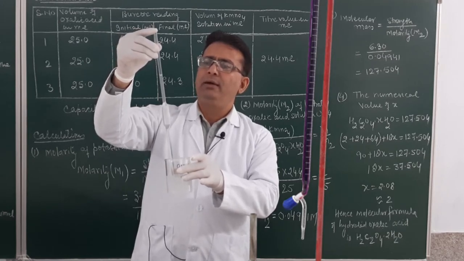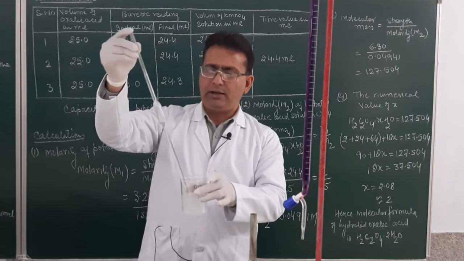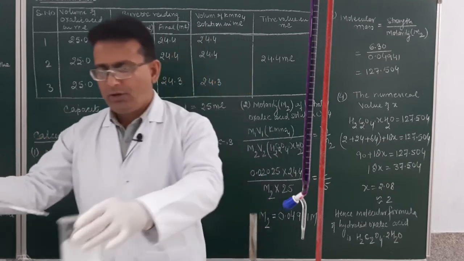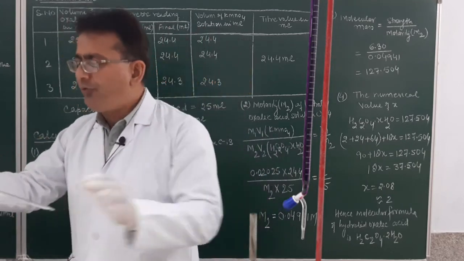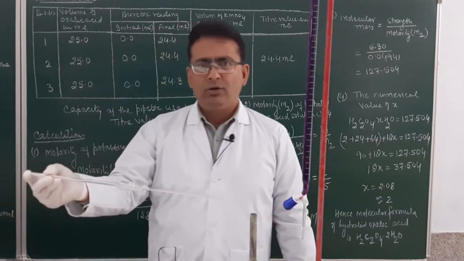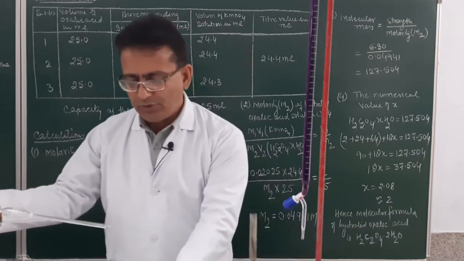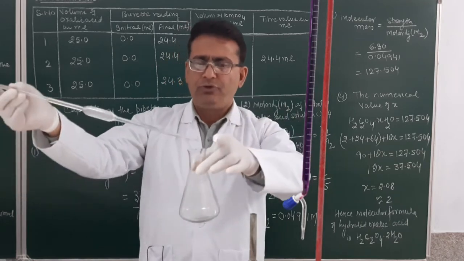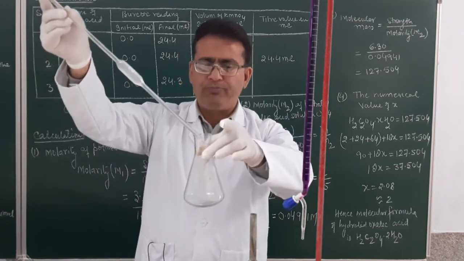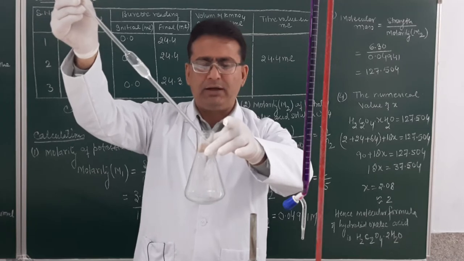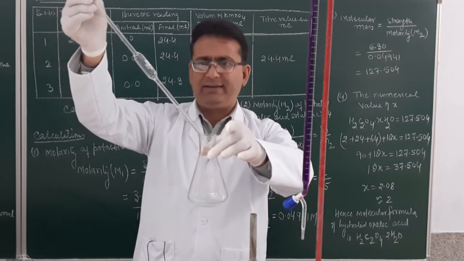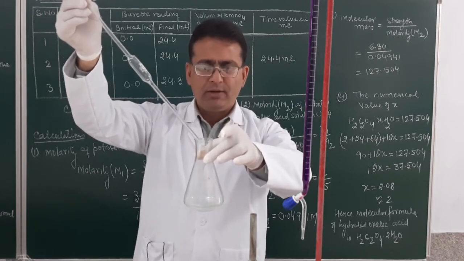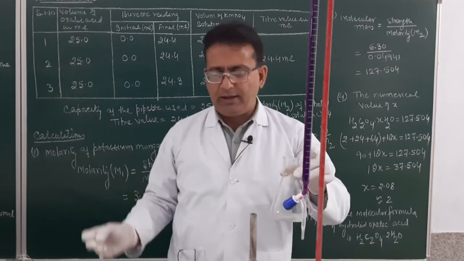You can see, up to the etched mark, I have filled this pipette with the oxalic acid. Now this is to be introduced into this conical flask. So remove this thumb or finger from the top and it will be inserted in the conical flask. You can see this. So I think this must be very clear.